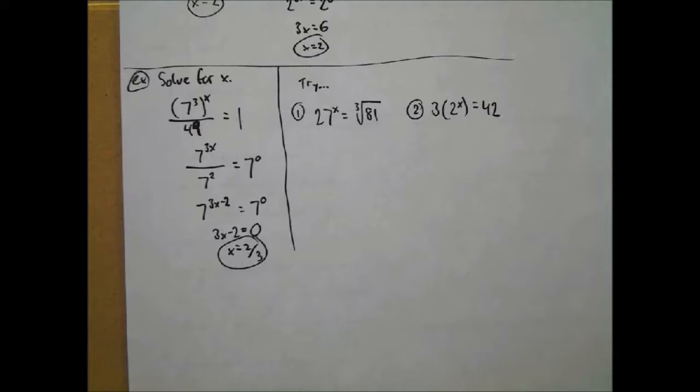All right, one more question here, and then we'll go over these. Okay. So number 1, do you have a common base that you can rewrite both of those numbers as? 27 is a power of. Wait, can I do like? Yes.